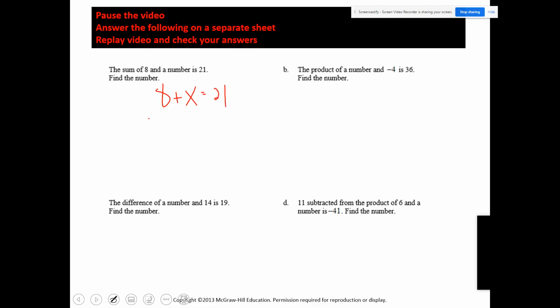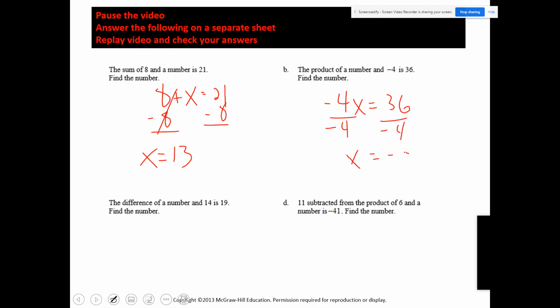8 plus x minus 8. X equals 13. Product of a number and negative 4 is 36. The difference of a number and 14.